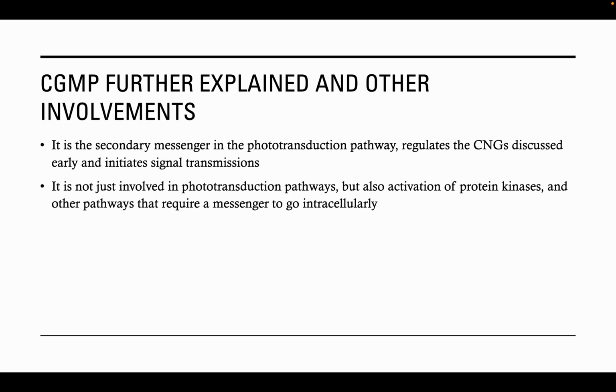But cGMP is a common secondary messenger. As we talked about, in the phototransduction pathway, it regulates the CNGs and initiates signal transmissions, activations of protein kinases, and other pathways that require a messenger to go intracellularly. So things that cannot easily diffuse into our cell require an additional signal.